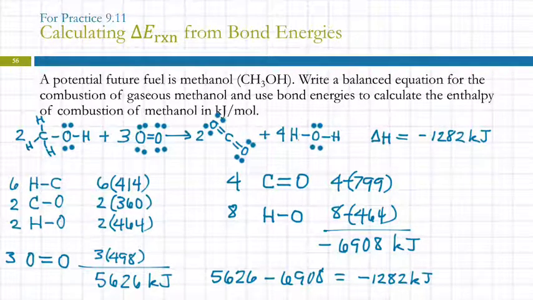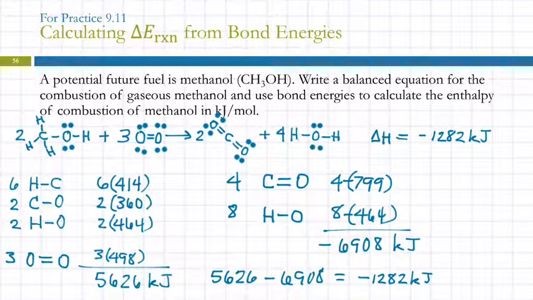Is that what it asks me for? It asks for enthalpy in kilojoules per mole of methanol. This is the amount released for 2 moles of methanol, right? I wrote this balanced chemical equation, and this is the enthalpy change for this chemical reaction, 2 moles of methanol.